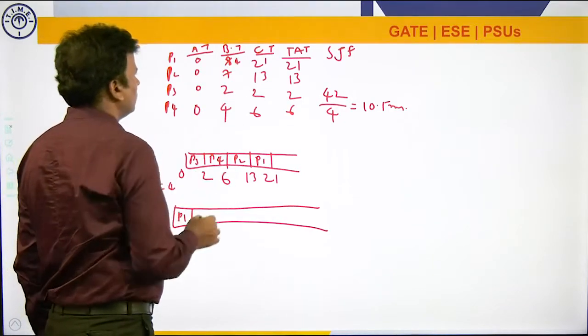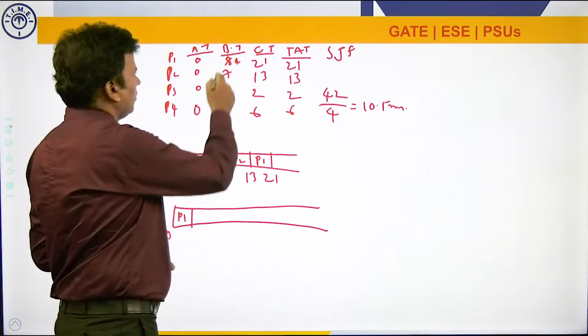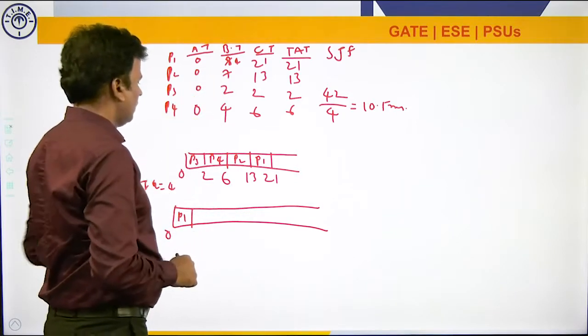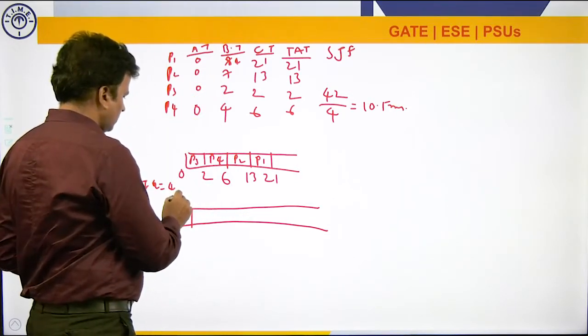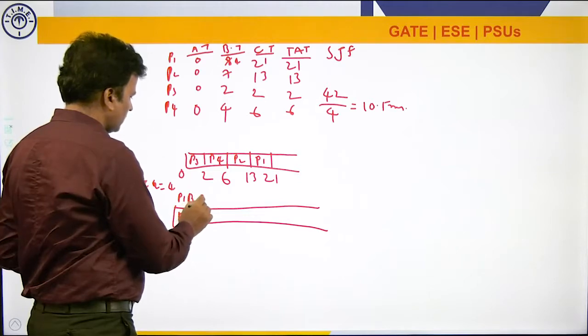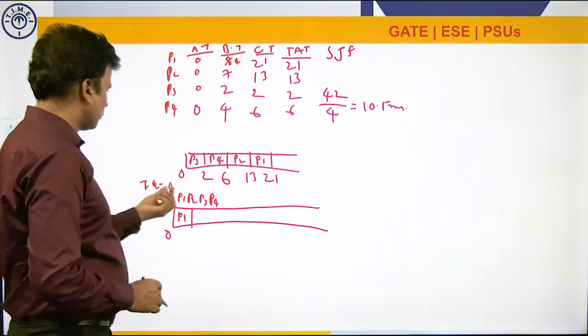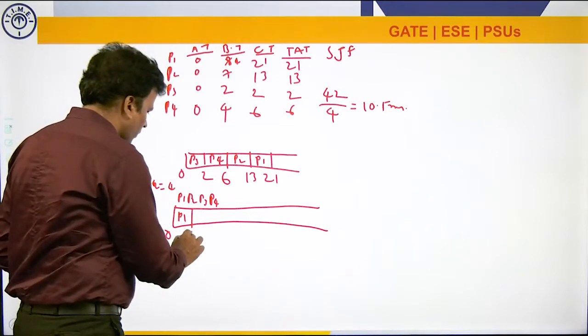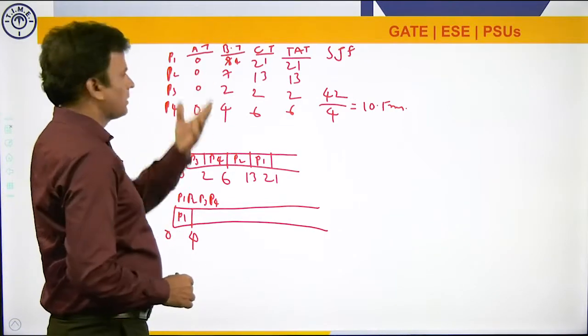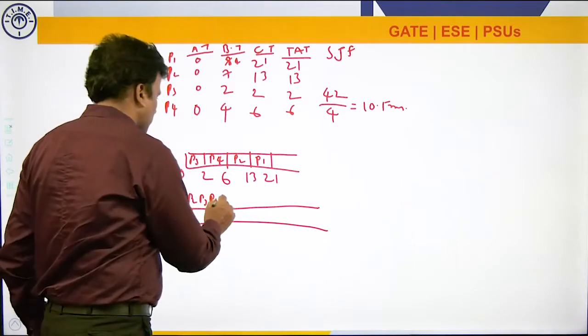Since all the processes are in the ready queue, because they arrived at time 0 itself, P1 has run for 4 units and still has time remaining, so I need to keep it back.